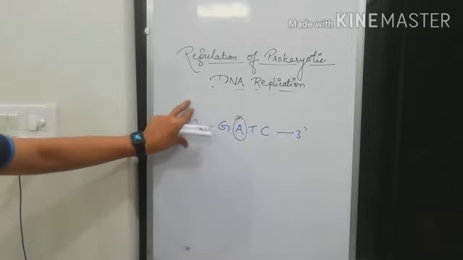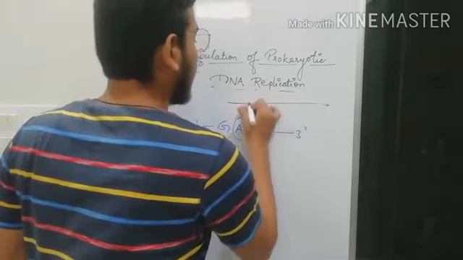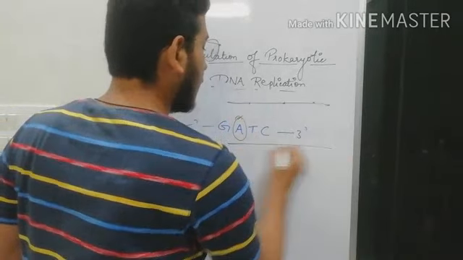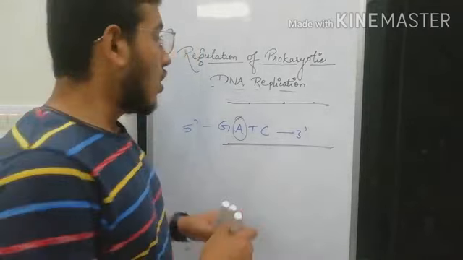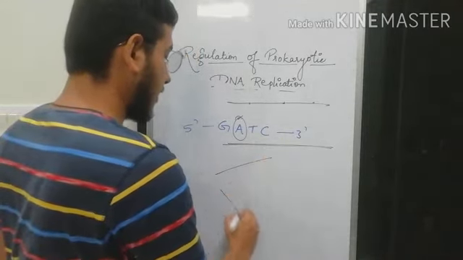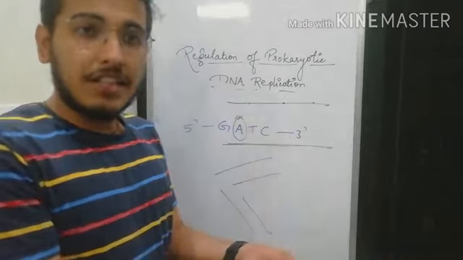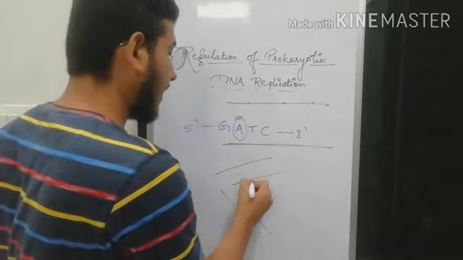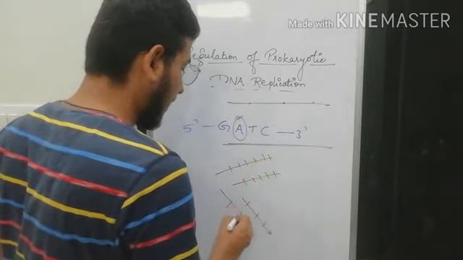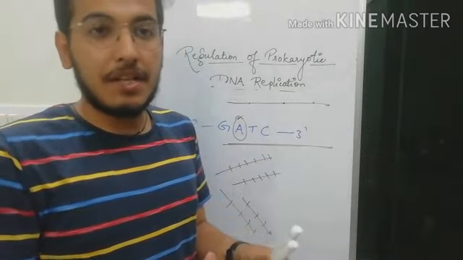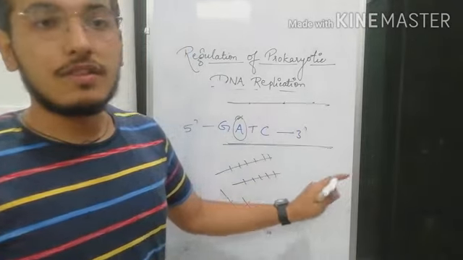In our old strand, the parent strand, this strand was methylated, but newly synthesized strands were not. So when replication is completed and our daughter strands are formed, they remain unmethylated for some time, but soon they get methylated so that they cannot be cleaved or start replication again, because in one cycle DNA replication occurs only once.